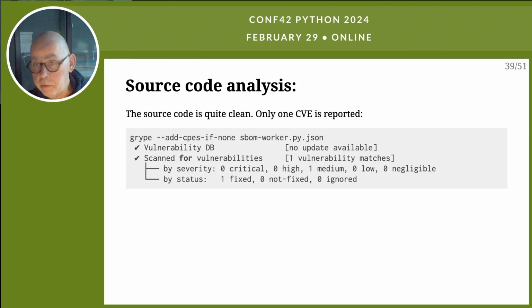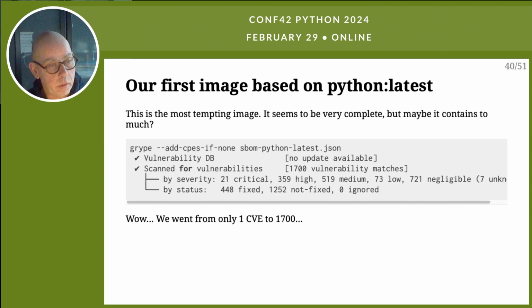Starting with the Python application itself, we're in pretty good shape. There is one medium CVE found, nothing to worry about. As an ops engineer, I'd be more than happy to deploy this. That does not apply to the image, which is built using the Python latest image.